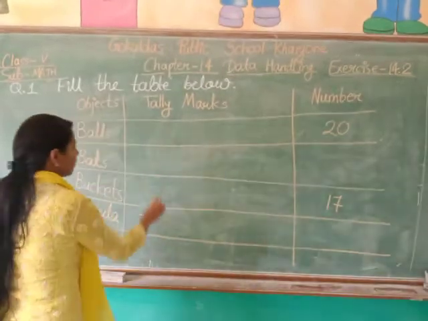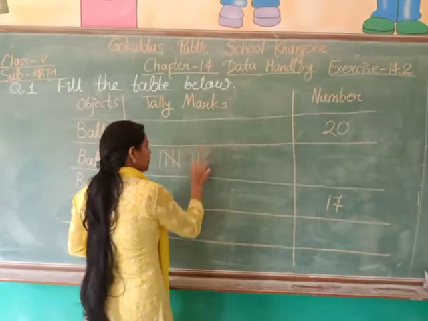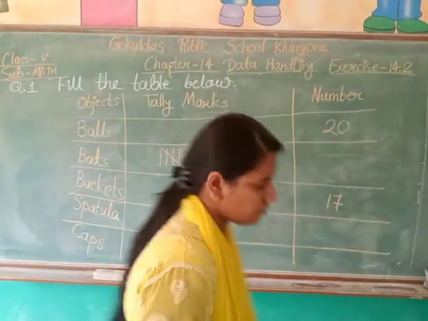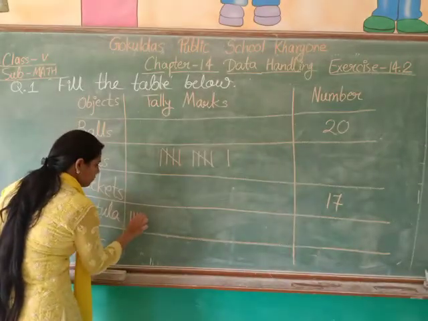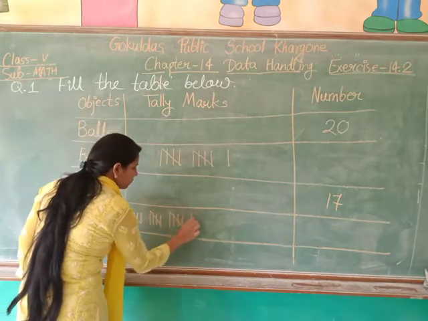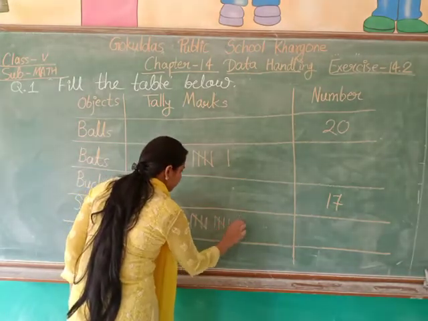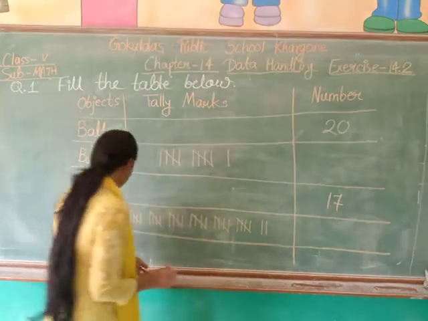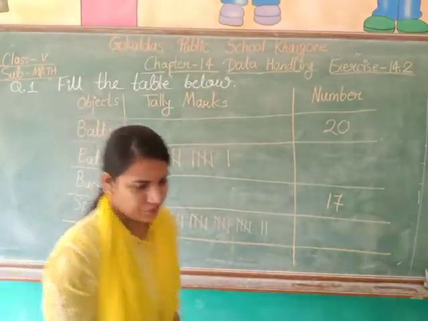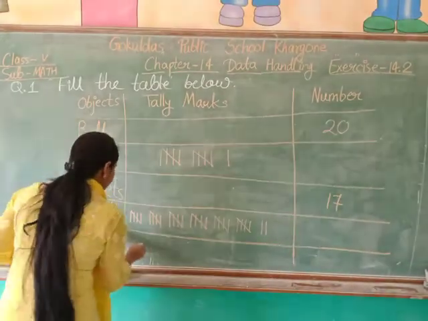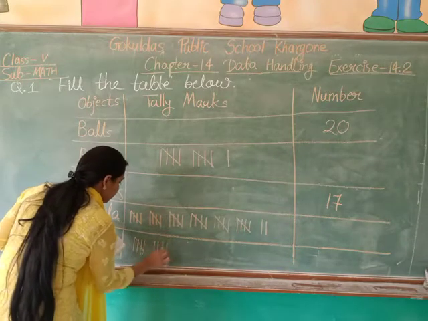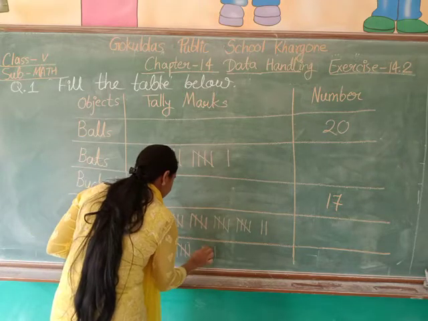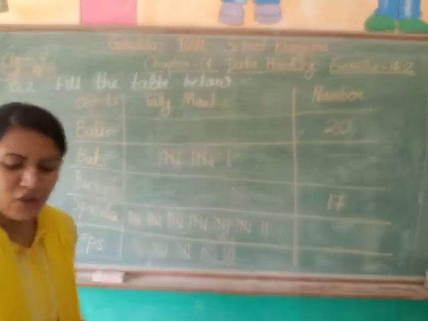For beds, given tally marks are and for caps the given tally marks are so this is how a table is given in your book.